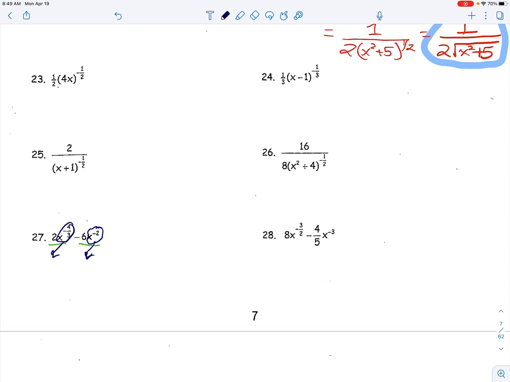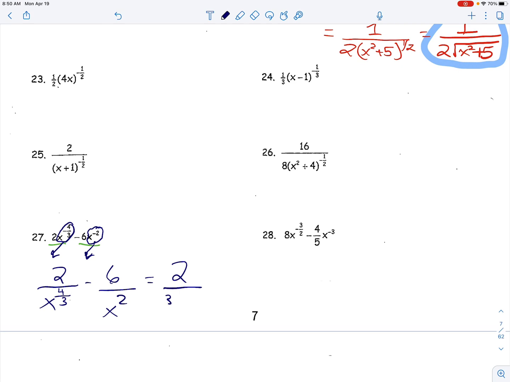So that would be 2 over x to the 4/3 minus 6 over x squared, right? Changing the location changes the sign of the exponent, and now we just need to rewrite x to the 4/3 as a power over root.